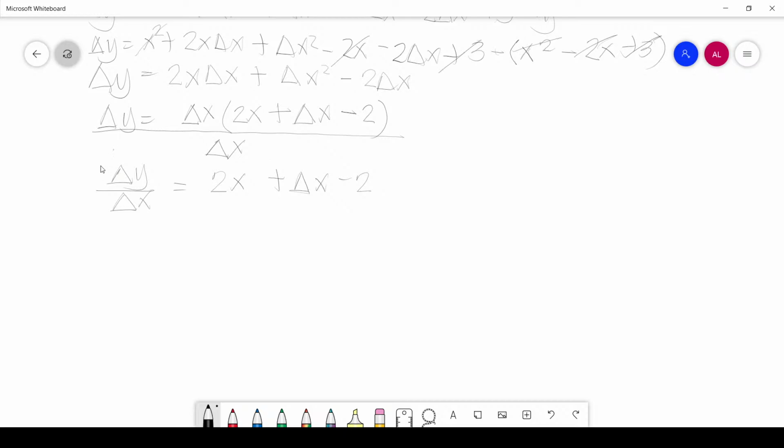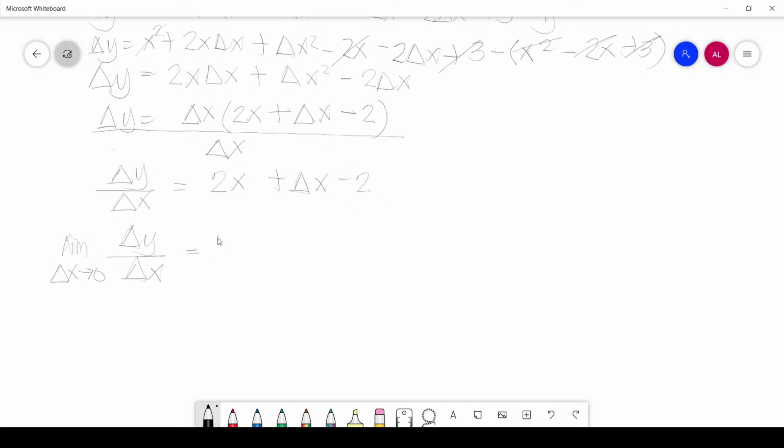So the fourth step is we have to evaluate the limit of 2x plus delta x minus 2 as delta x approaches 0.